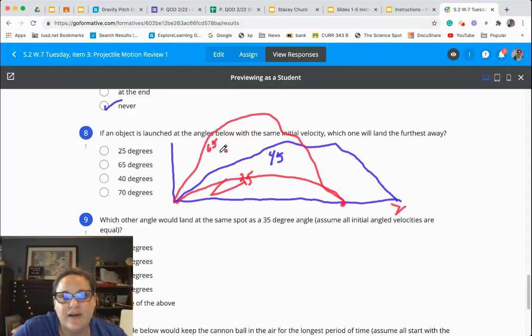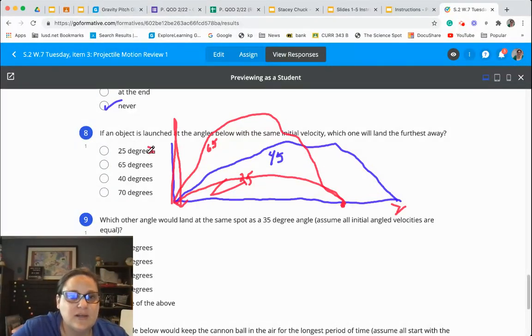Both 25 and 65 are 20 less and more than 45 and will land at the exact same place. So as I get further from 45, I get closer and closer, which eventually, if I go straight up and straight down, that's the least far. That's like no distance.